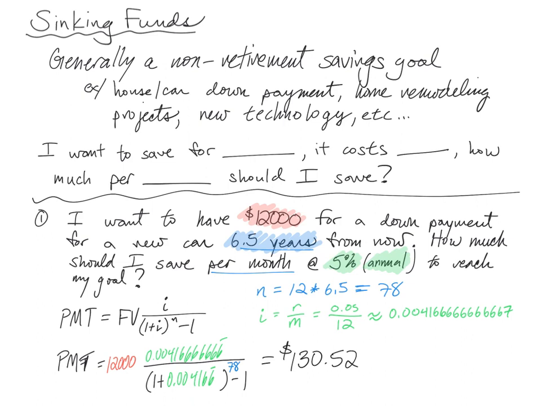And then I can have $12,000, which hopefully will be roughly a third of the price of a car in the future. But this is it. This is the payment I would need to save per month. Good job, me. Now I'm going to go rework my entire budget to see if I can reach this goal.